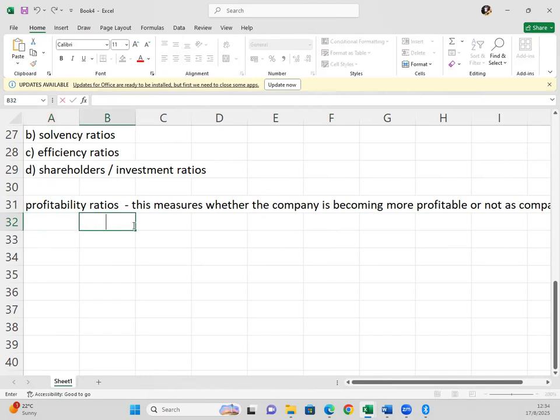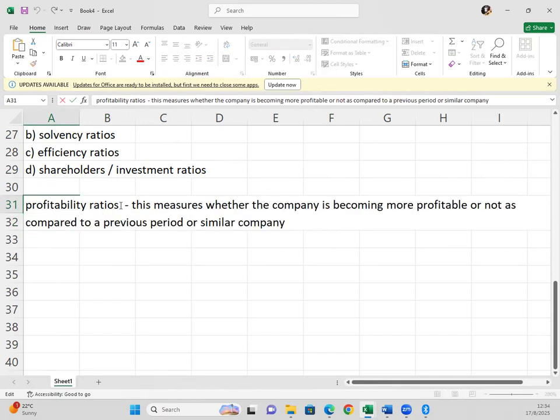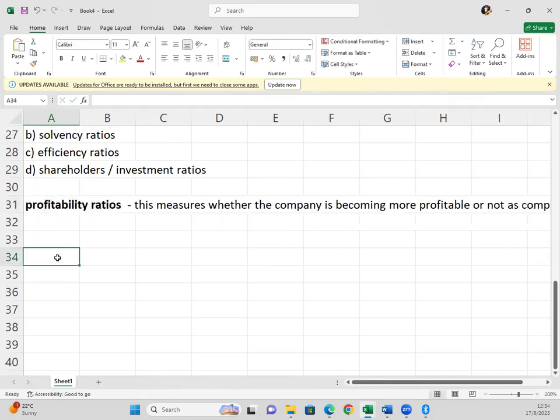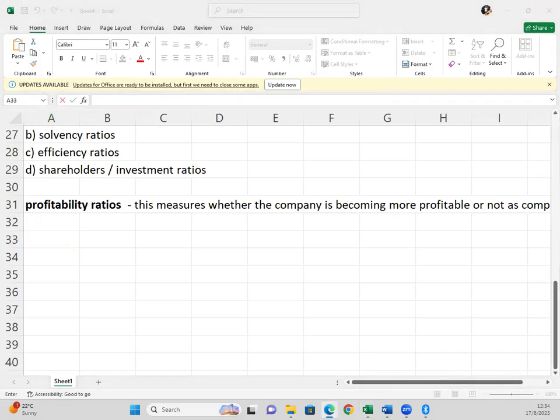Which ratios do we have under profitability ratios? It's not just one ratio. The profitability ratios are a number of ratios that we use to assess the profitability of the business.